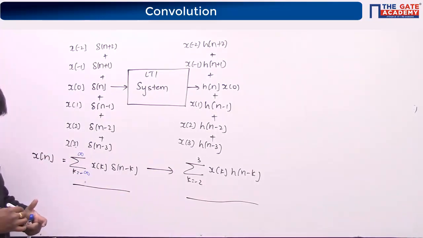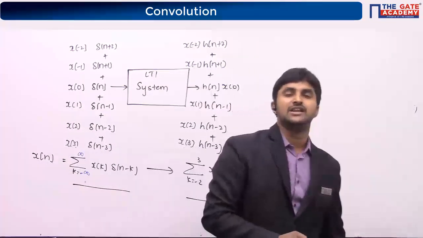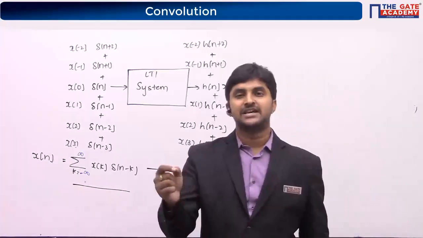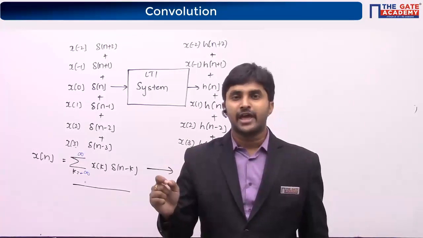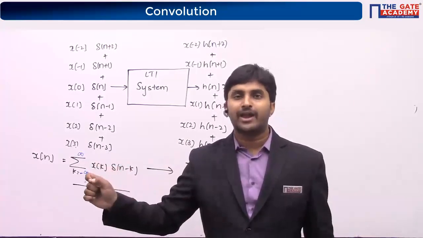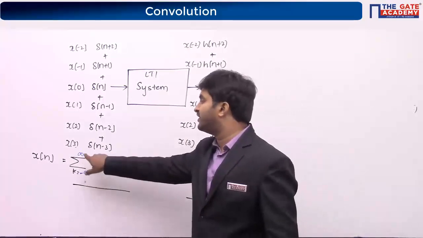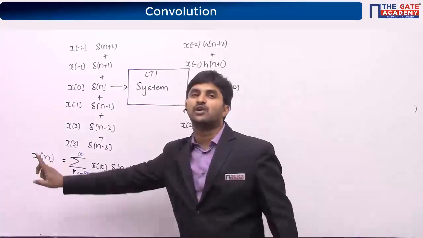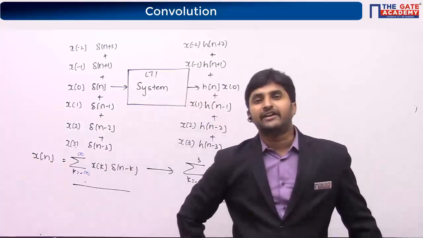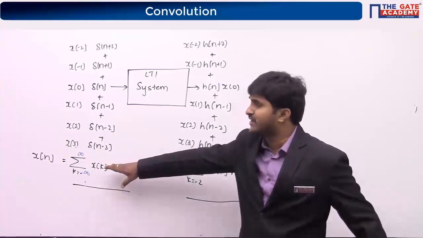Because we have seen just before this concept that any generalized signal f of n can be represented as summation k is equal to minus infinity to infinity f of k del of n minus k. Now if I am having summation minus infinity to infinity x of k del of n minus k, can't I write it as x of n? Absolutely yes, we can write like this.